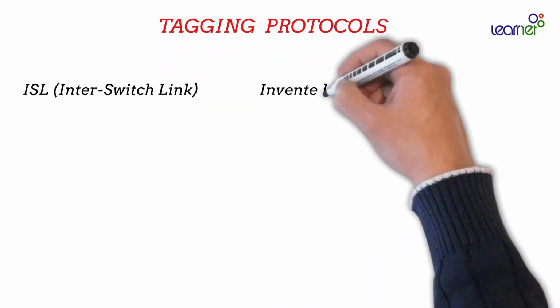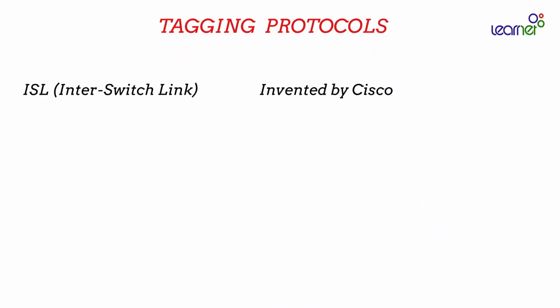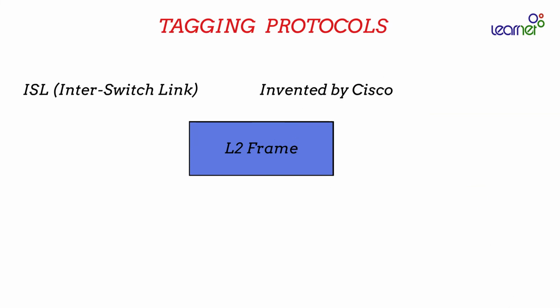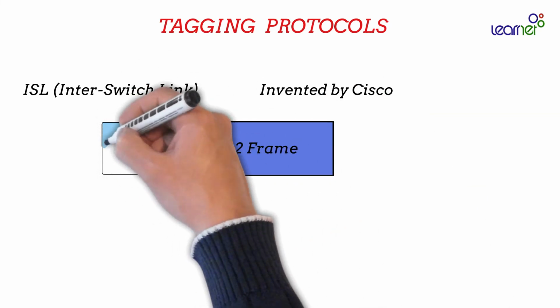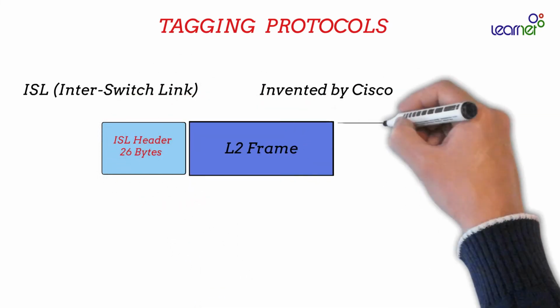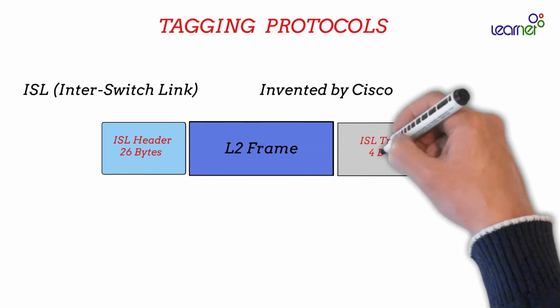To be able to tag the traffic, we need a protocol. Ages ago, Cisco invented a protocol called ISL. This protocol was not very productive, but was a great invention at the time and made trunking possible. What ISL does is add an extra header and trailer to the original Ethernet frame.